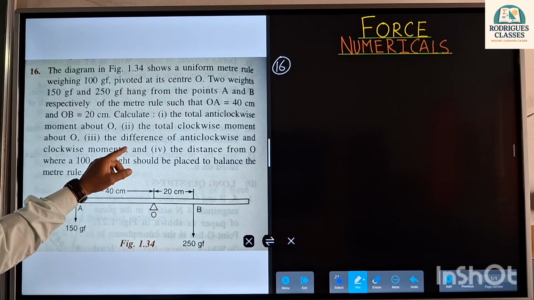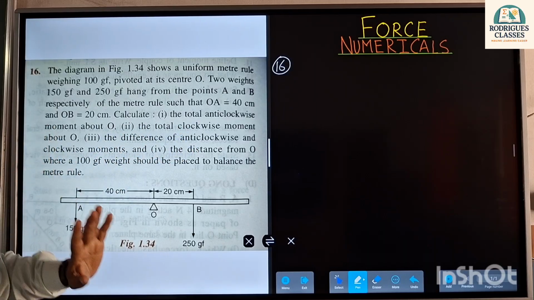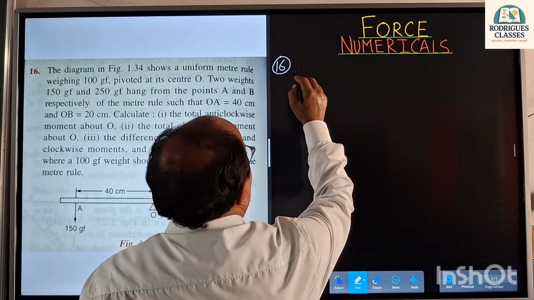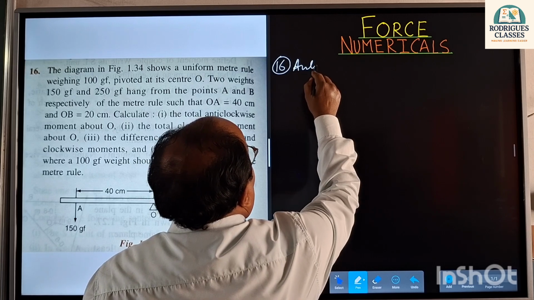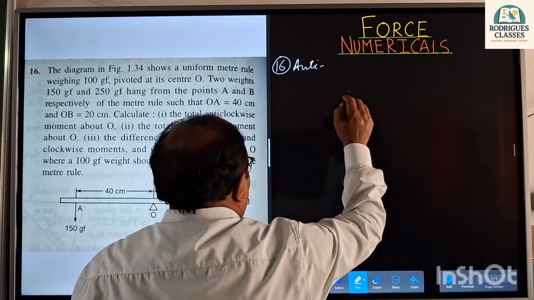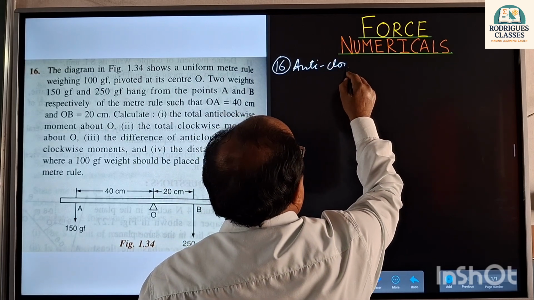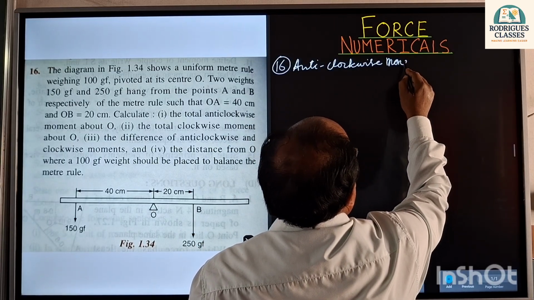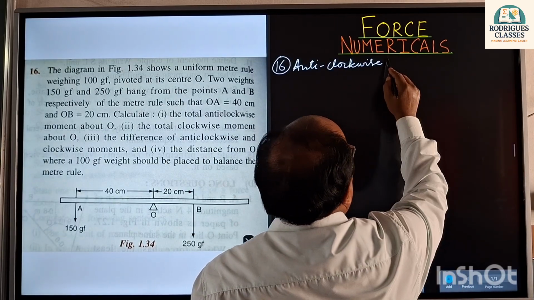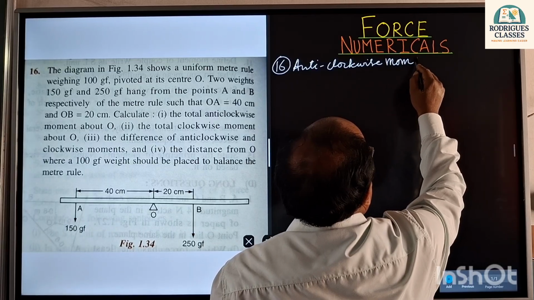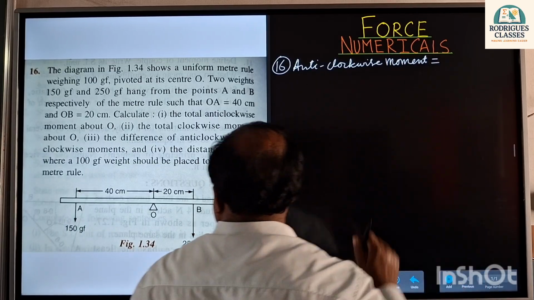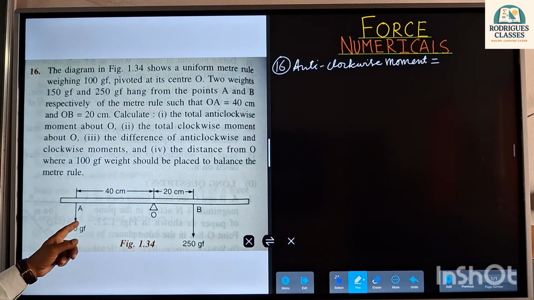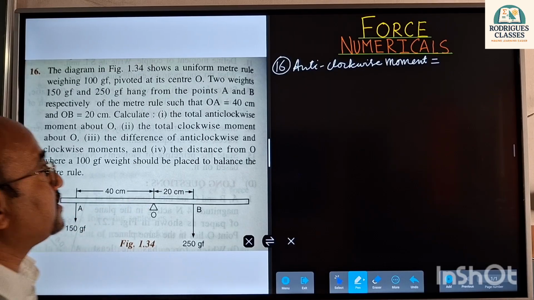So starting with finding, first of all, the total anti-clockwise moment. Okay. So the weight is 150 GF and the distance is 40 centimeter.